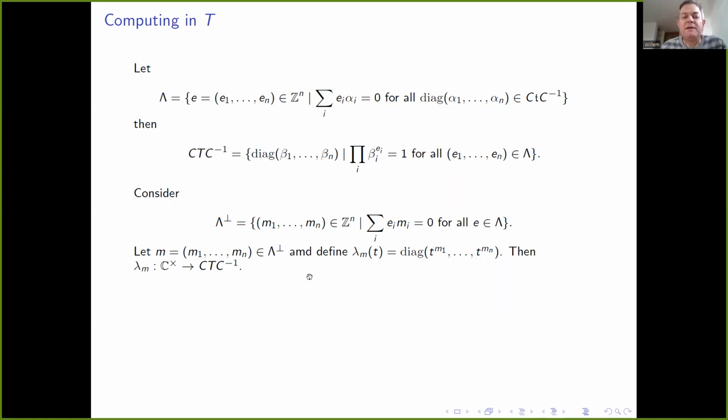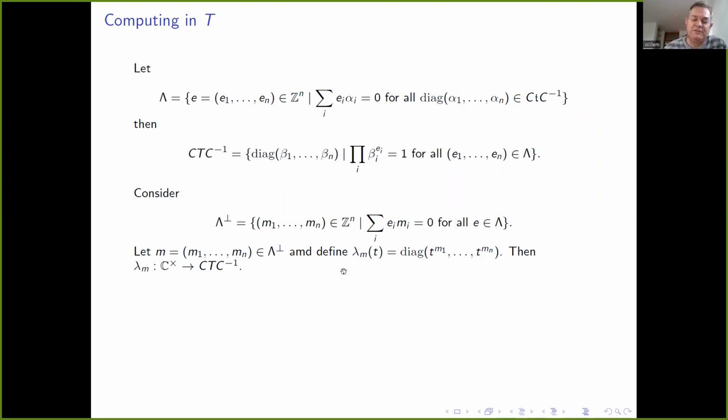And if I take an element m in Lambda perp, and I define this lambda_m(t) over here, which for a complex number t is just the diagonal matrix with diagonal entries t to the power m1 to t to the power mn, then this is an element of C times T times C to the power inverse. This is an element of this diagonal group. That follows from the description of the C T C inverse given above.